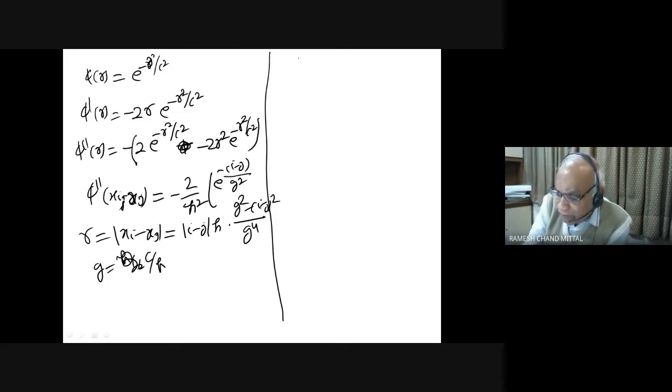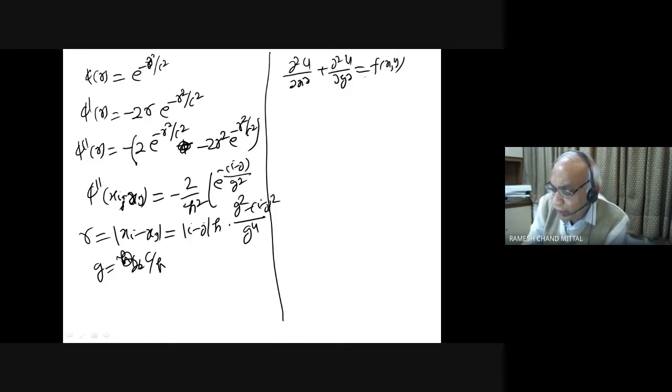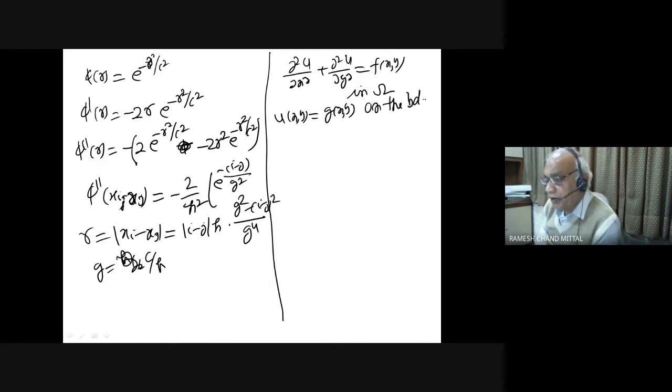Now in the same way, if you have an equation like this, del squared u by del y squared equal to f(x,y) within a domain omega, with u(x,y) equal to g(x,y) on the boundary, then again my shape function will be of the same type.